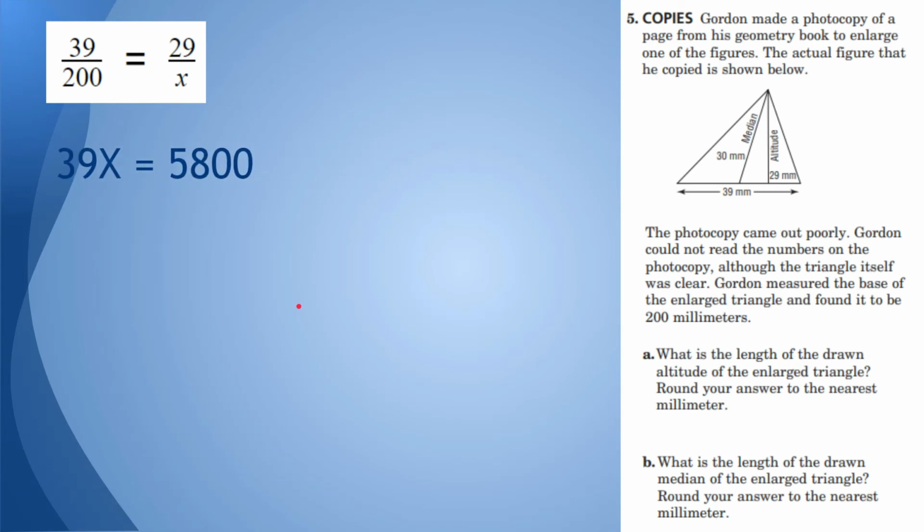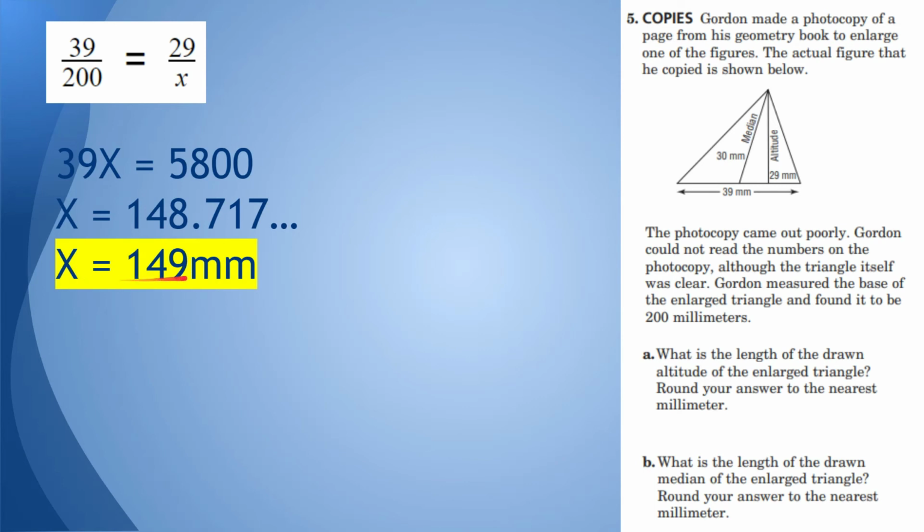Okay, so taking our problem again, we then end up with x equals 148.717. We're told to round our answer to the nearest millimeter. So this is in millimeters, that's what we're measuring in. So we want the nearest whole millimeter. We're rounding up, so we're going to end up with 149 millimeters.